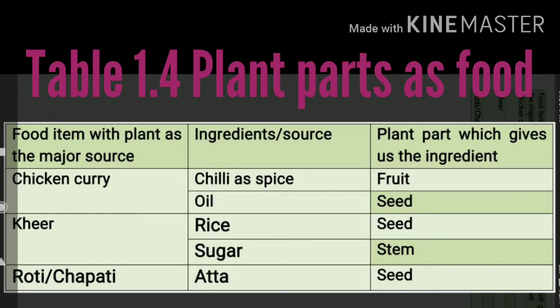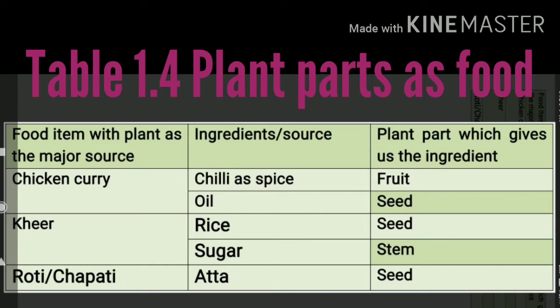To prepare chicken curry we need chili as a spice. We use turmeric also, and other spices are used to prepare chicken curry, but from that we take only chili as a spice.